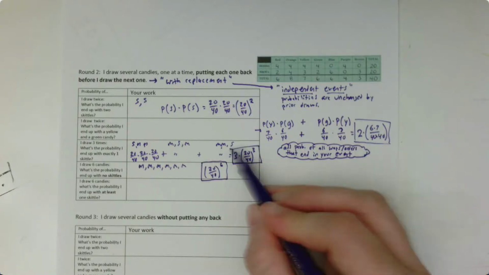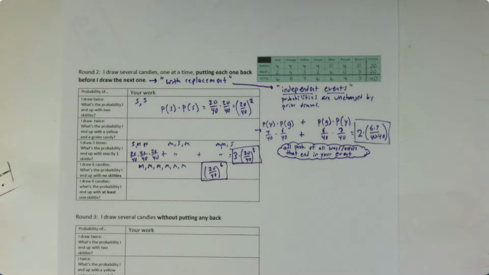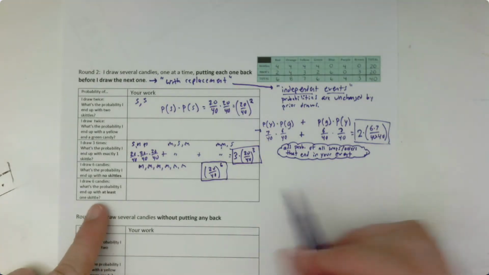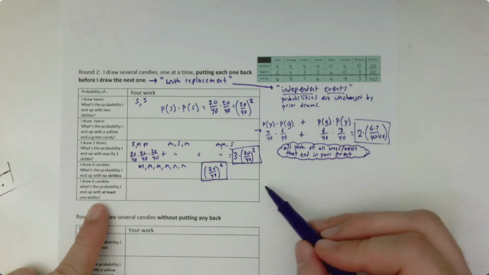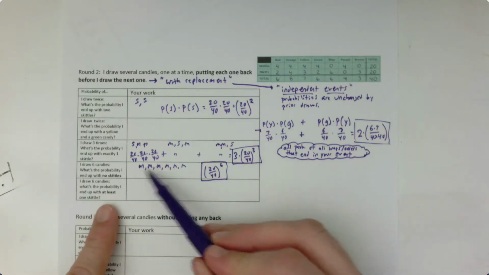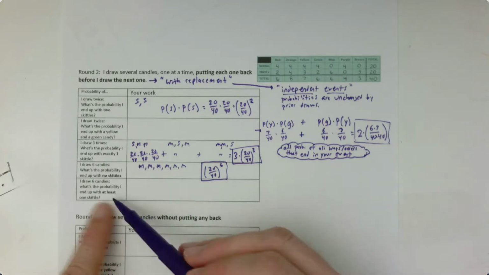Okay, but let's contrast that here. If I draw 6 candies, what's the probability I end up with at least 1 Skittle? So if I try and calculate this directly, it's going to be terrible. Because think about all of the different ways I might end up with at least 1 Skittle. So I might end up with exactly 1 Skittle, but there's a lot of different ways that could happen. I could draw the Skittle first, or second, or third, or fourth, or fifth, or sixth. But it doesn't say I end up with exactly 1.